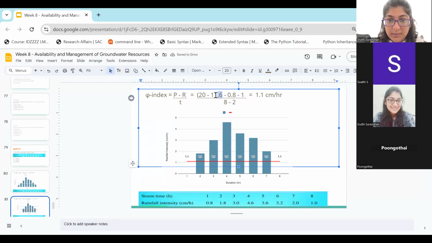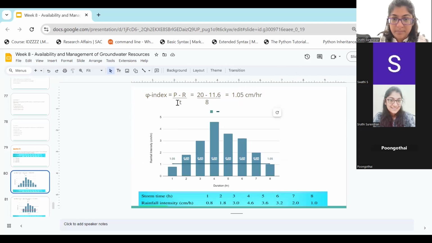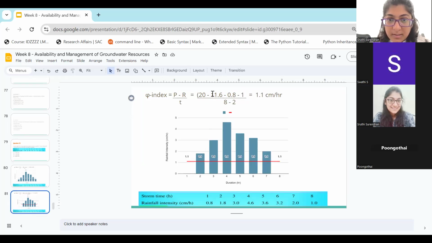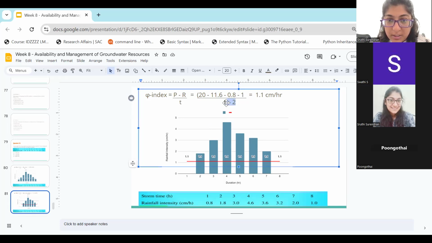Why? Because from this value we are going to remove these two values also. Okay, so this is how we will remove these two values from this rainfall, and then also the duration.